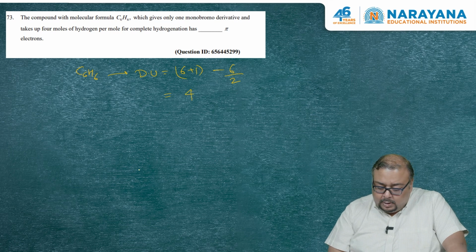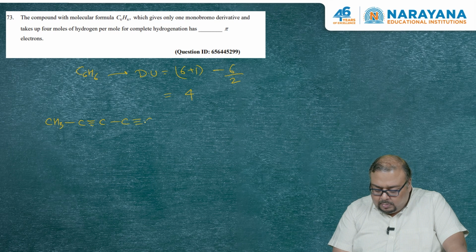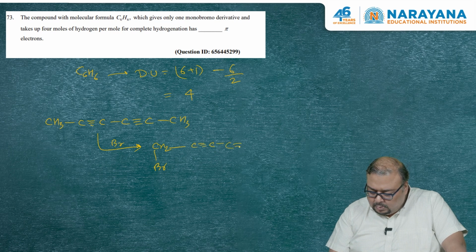Okay. Now this 4, if you think on the possibilities, one compound can be CH3, C triple bond C, C triple bond C, CH3. This on bromination will give only one mono-bromo product because both methyl groups are symmetrical.